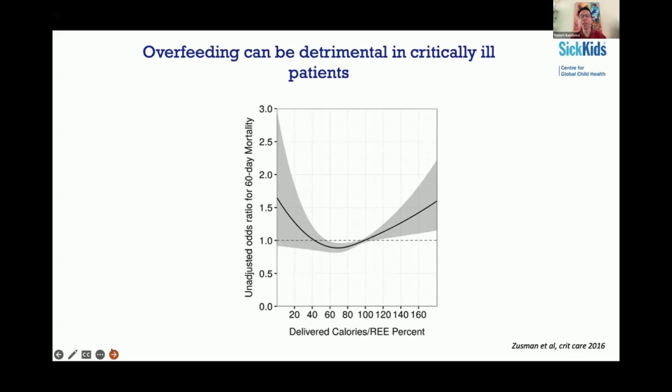However, if you overfeed, and on the x-axis you see the resting energy expenditure, so really the minimal energy that a child would burn if it was awake and just lying but not being very physically active, the growing evidence suggests that you should not feed beyond that resting energy expenditure, and probably slightly below that.